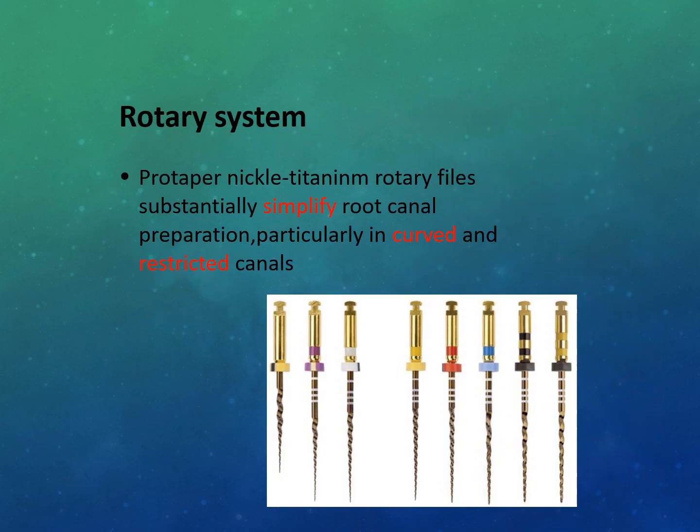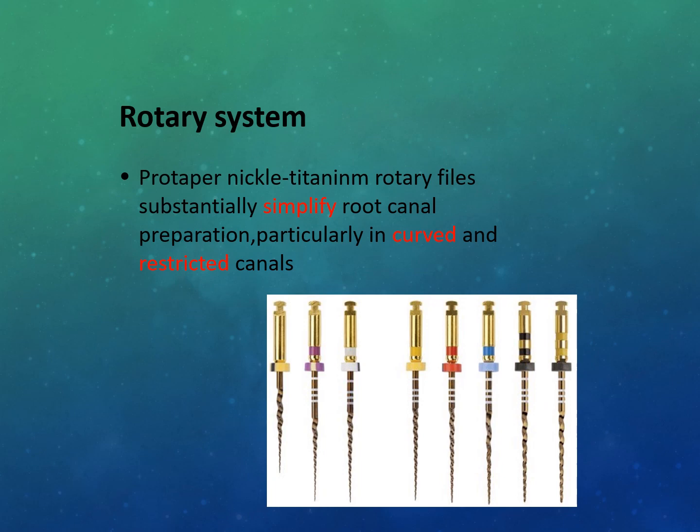ProTaper nickel titanium rotary files substantially simplify root canal preparation, particularly in curved and restricted canals. Yes, this is very useful. Rotary system is very useful in case of a curved canal where stainless steel flexibility is less.